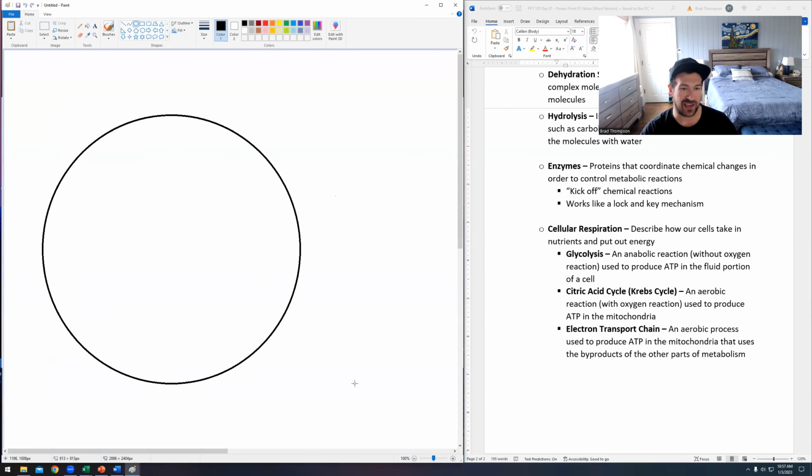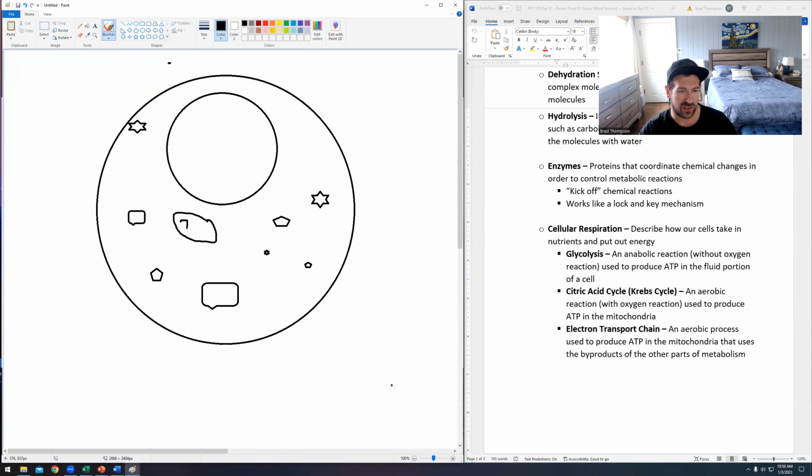One of the most important ones you're going to see is a little shape, kind of like an oval with some squiggly lines in it. That right there is what we refer to as the mitochondria. We'll see a couple of these, and I'll put one more in there. We'll fill those up just to highlight them. There we go. Now we've got some mitochondria.